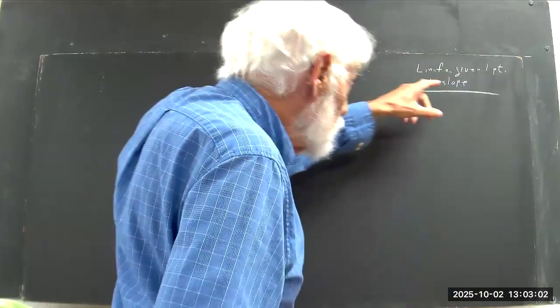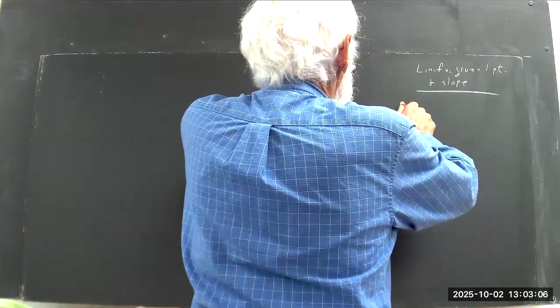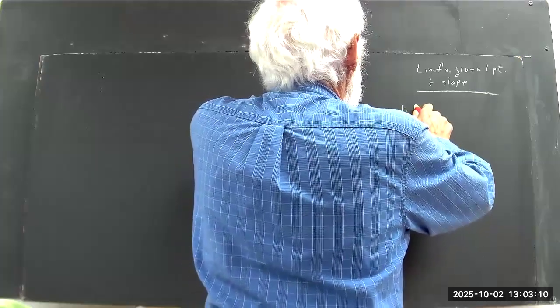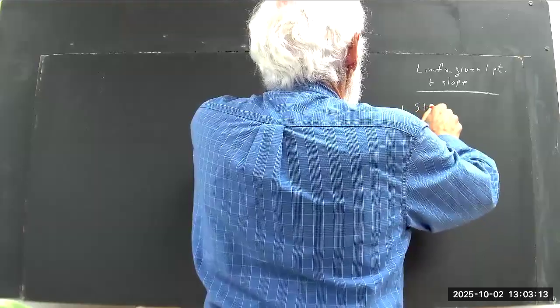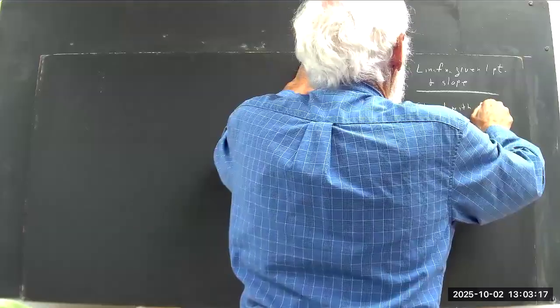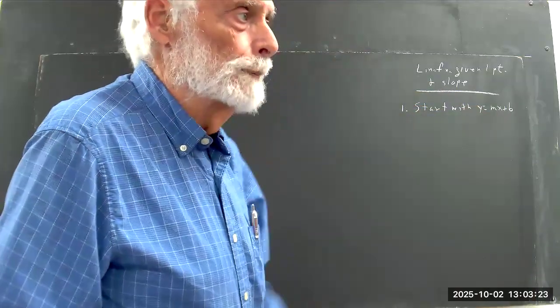Given 1 point and a slope, you'd be able to start with y equals mx plus b.